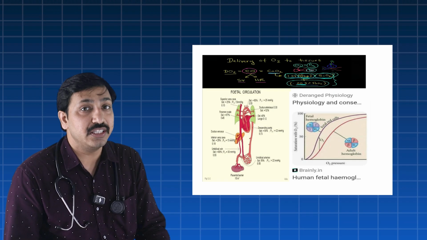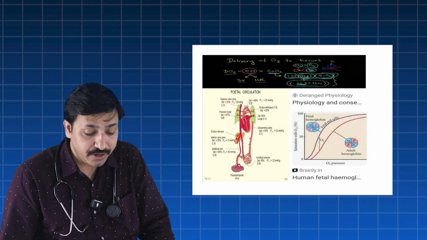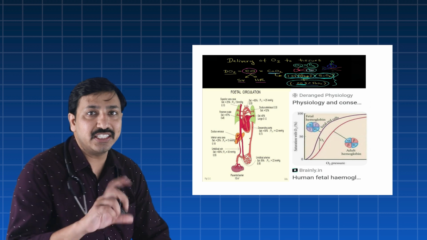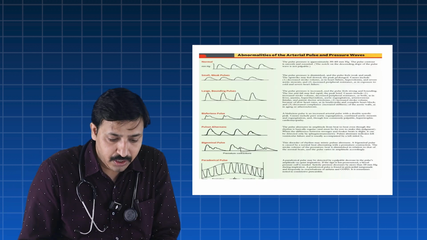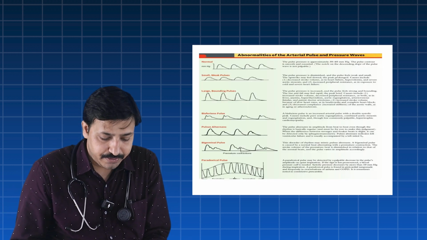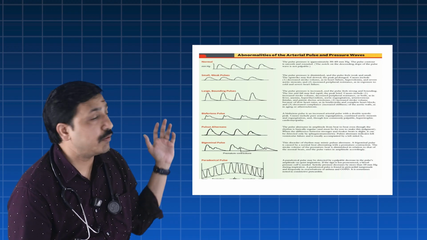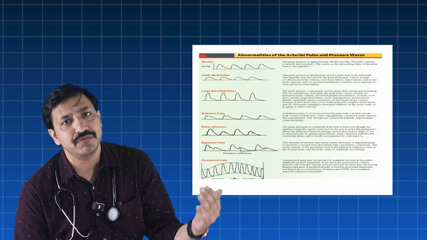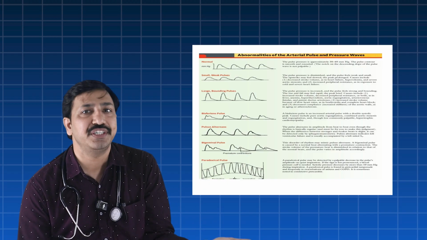Why are we discussing this? Because the middle cerebral artery flows will be discussed further, and you need to know the logic that is happening there. This is slide number 17. Different forms of the pleth waveforms will be noticed, similarly, even in the fetus.